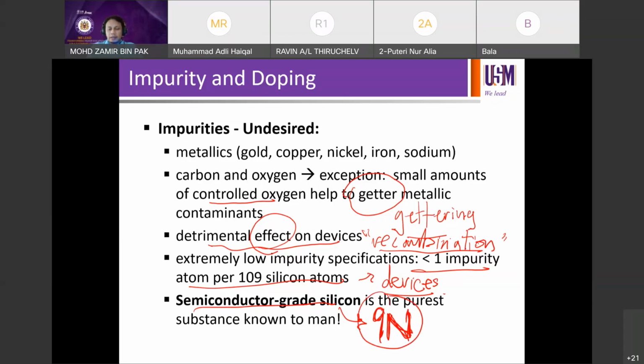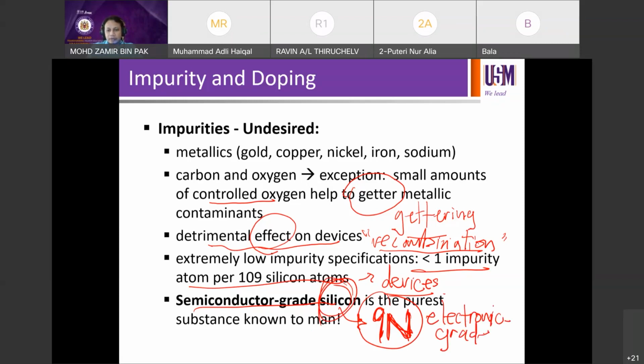Semiconductor grade material lah. Since we're talking a lot on silicon, I'm going to keep mentioning silicon, but it's semiconductor grade in nature. So this semiconductor grade is also known as electronic grade. Kalau you nampak in the references, some perhaps mention electronic grade silicon and some perhaps mention semiconductor grade silicon.